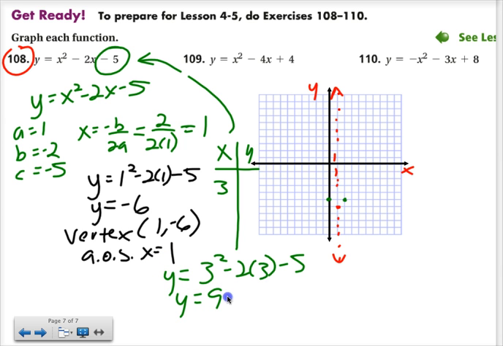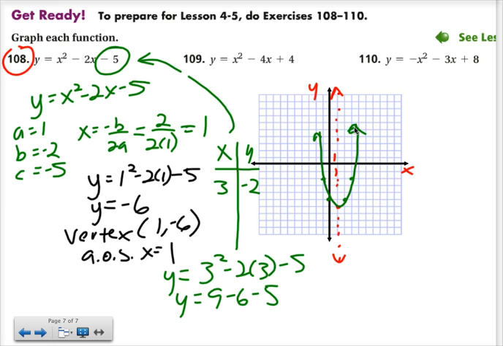So y equals 9 minus 6 minus 5. 9 minus 6 is 3, and 3 minus 5 is negative 2. So 3, negative 2, use symmetry, equal but opposite on the other side, and that should do it. That should be good enough to give us an idea of what's going on with our parabola there.